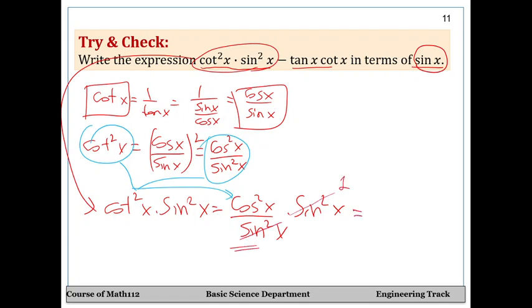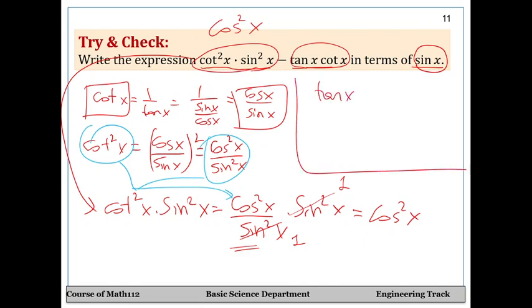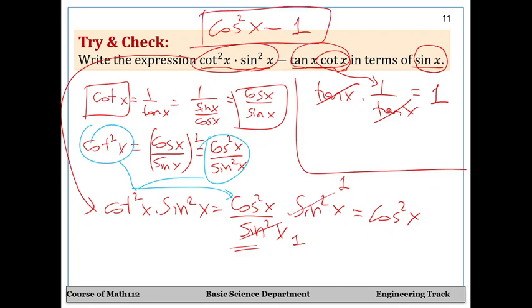So they will simplify, and we'll have cosine squared x. Now how about this part? This part here is tangent x times cotangent x. What is cotangent, by the way? This is 1 over tangent x. So when you multiply, you will get 1. So this gives you cosine squared minus 1. Now, this whole thing is equal to cosine squared minus 1.